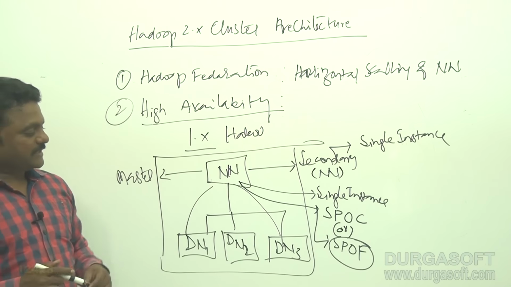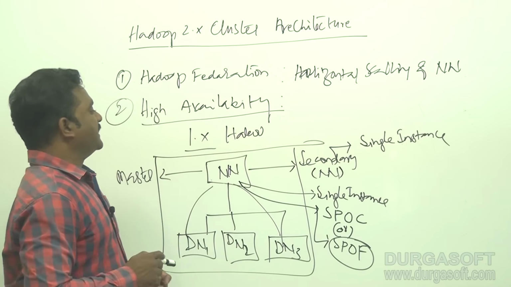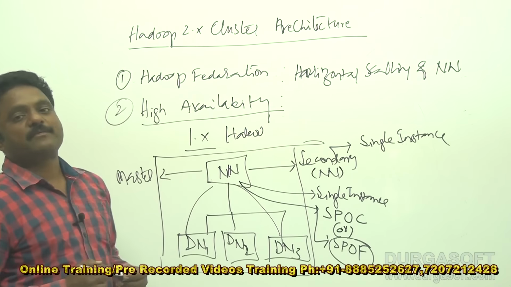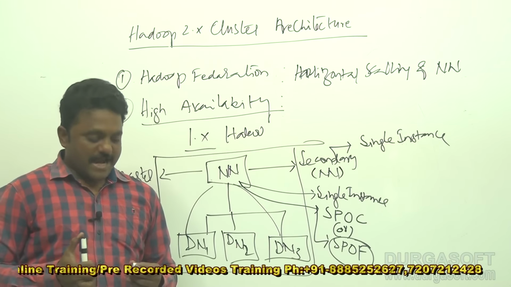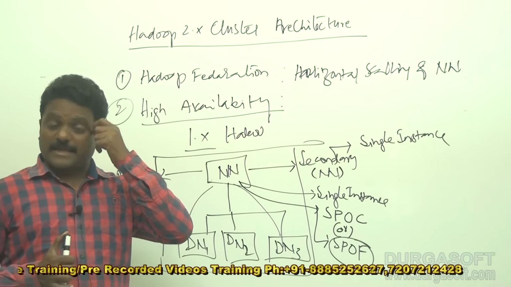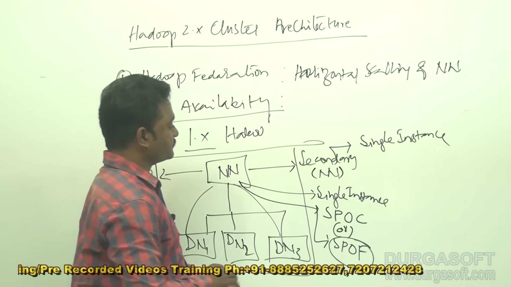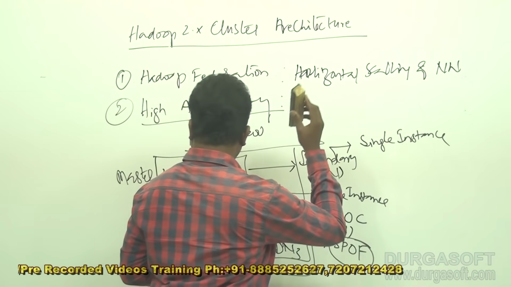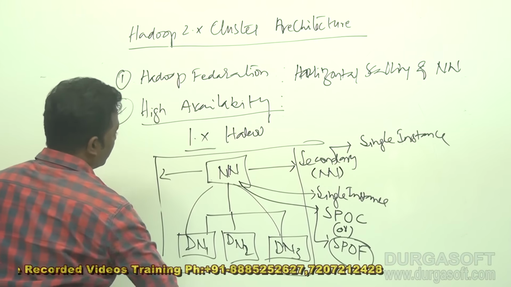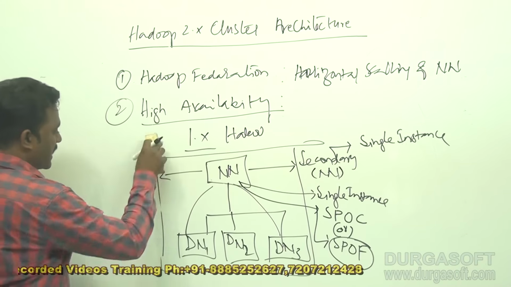To avoid this, in Gen 2 the concept of high availability was introduced. That means you would have one active name node, and also another name node in the cluster.